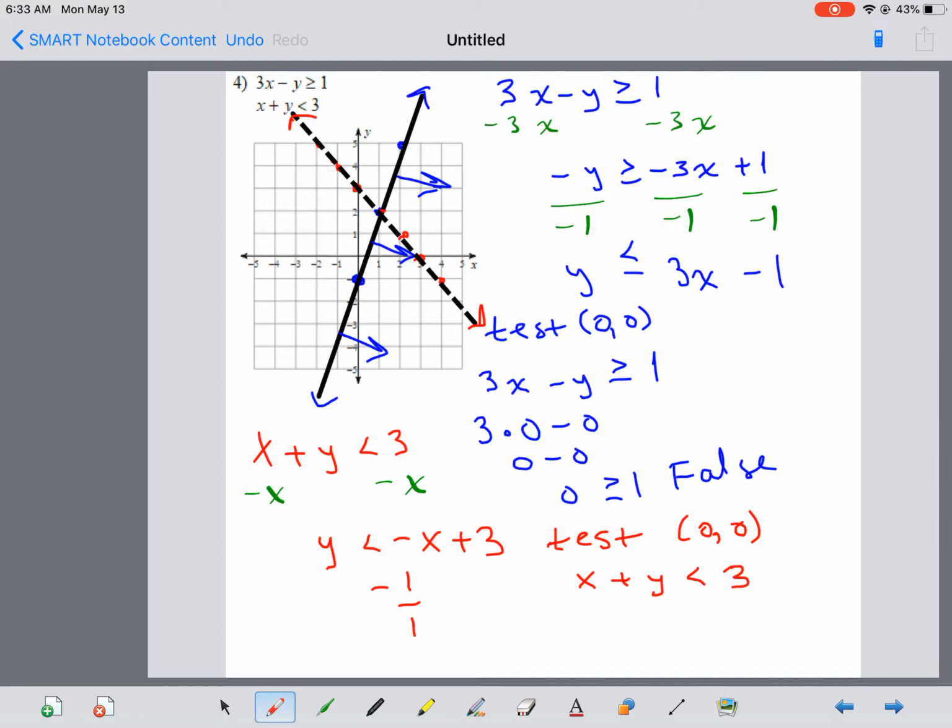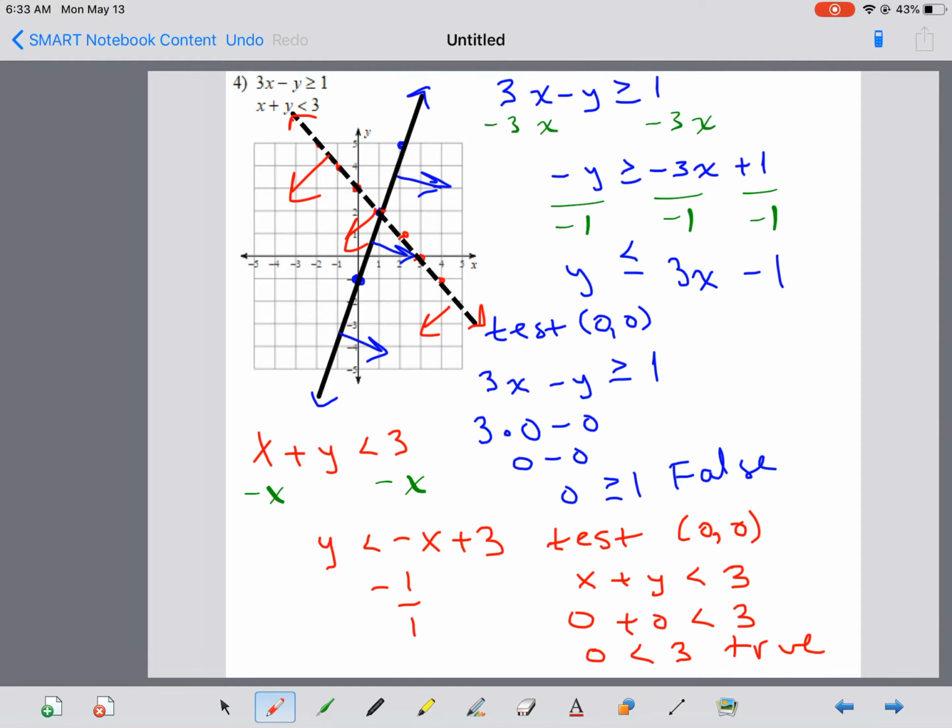Once we substitute 0, 0 in, we get 0 plus 0 is less than 3. So we get 0 less than 3. Let's think about that. True or false? That is true. So that means we shade on the side that 0, 0 is on. And for the dotted line, that means we are going to shade the left side of the line.